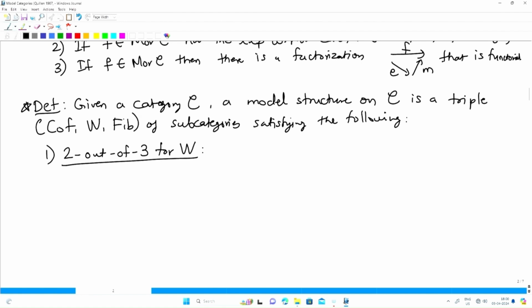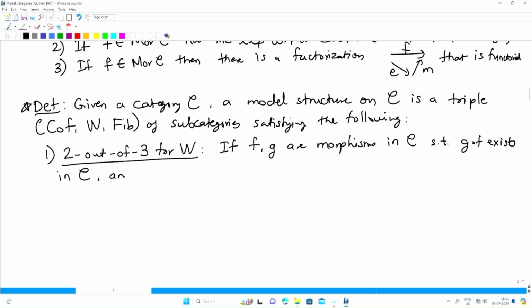So if F, G are morphisms in C such that G composed with F exists in C, and any two of F, G and G composed with F are weak equivalences, then so is the third.